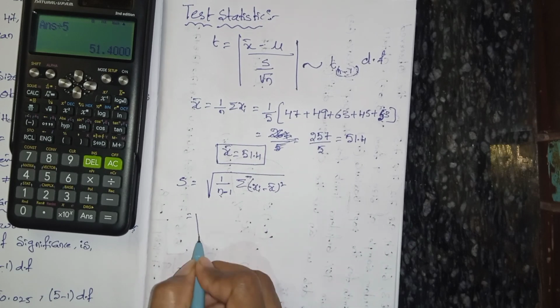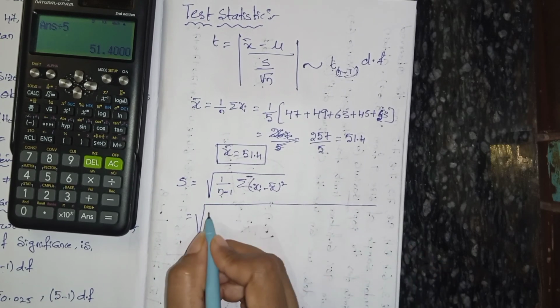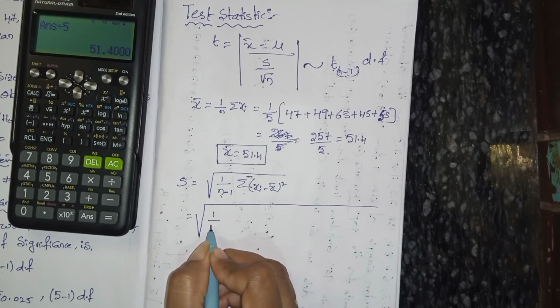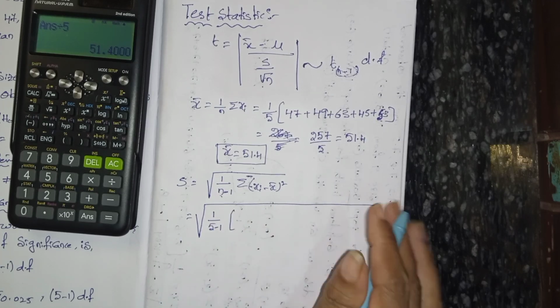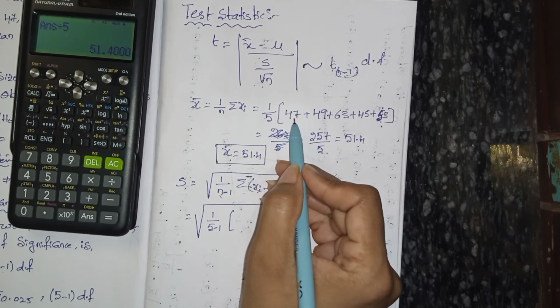So that equals square root of 1 by n, where n is 5, so 5 minus 1, bracket open. Here the xi values mean these values.